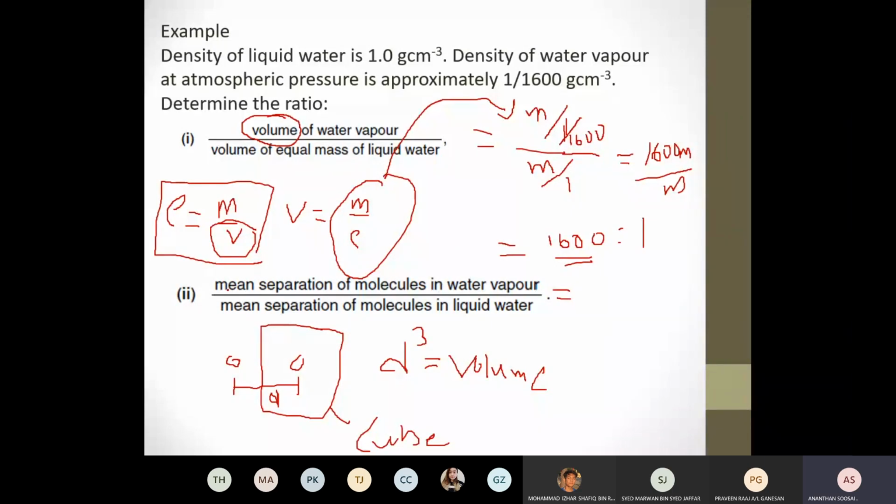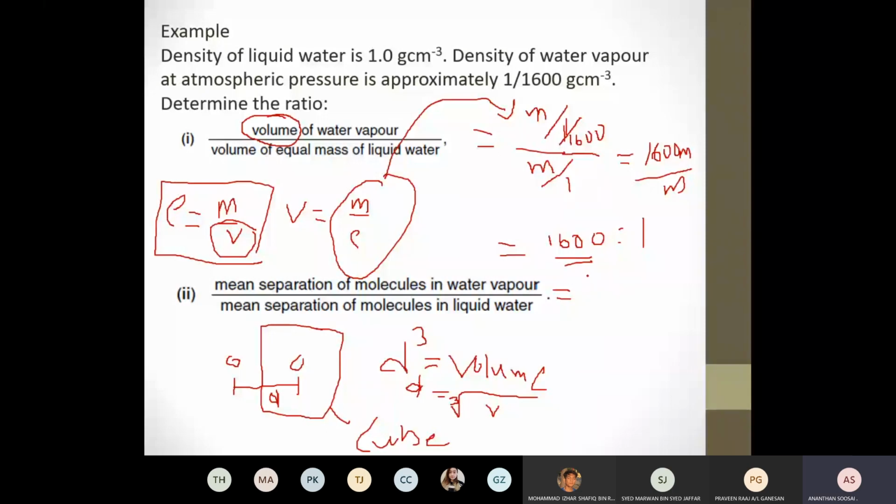So what is the mean separation in terms of the volume of water? The spacing in terms of volume is the cube root of the volume, correct?